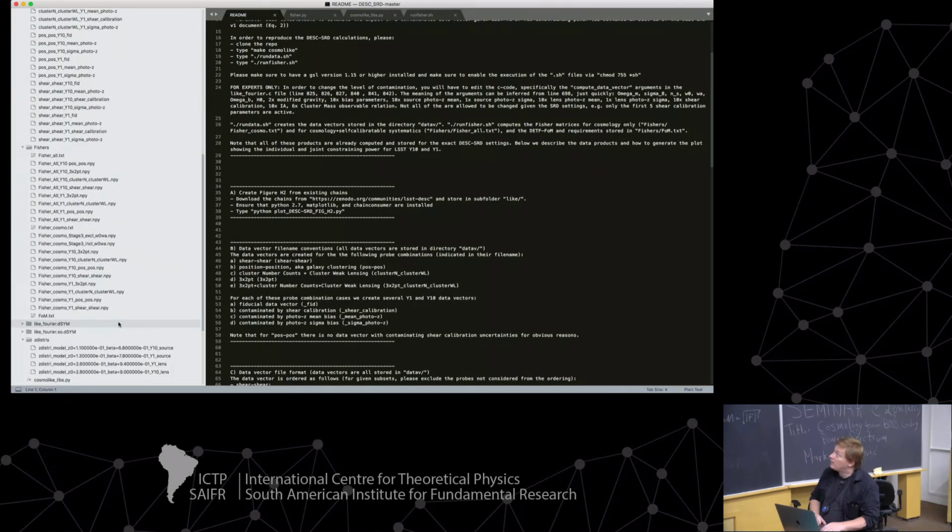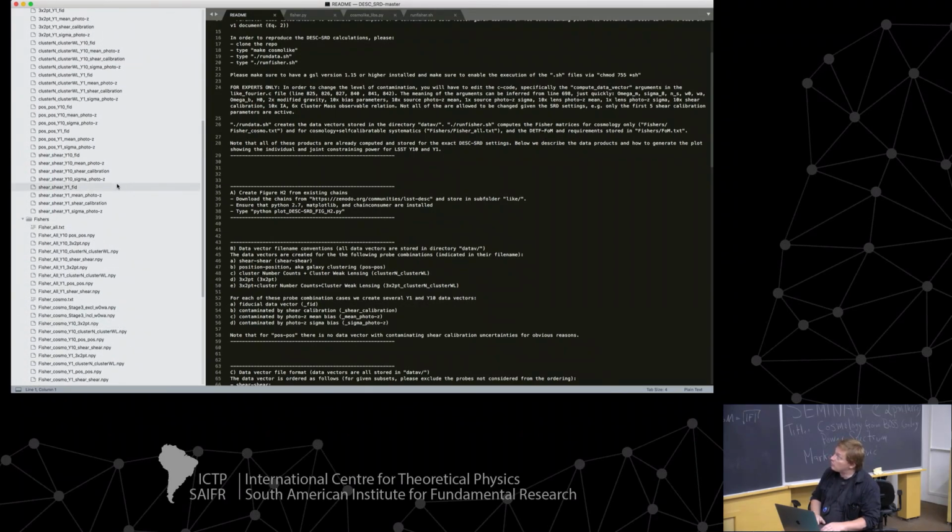Now, if you have such a Fisher matrix, and that's the last thing that I wanted to show, you can invert it, and if you invert it, you get a parameter covariance matrix. And the parameter covariance matrix you can actually use to run a chain. So let me quickly check.